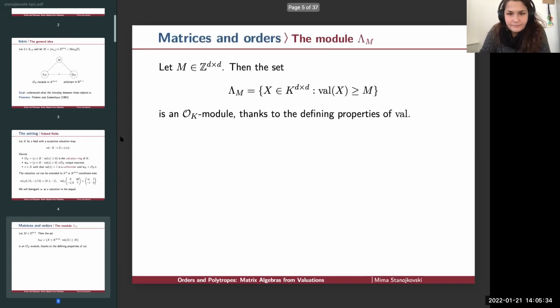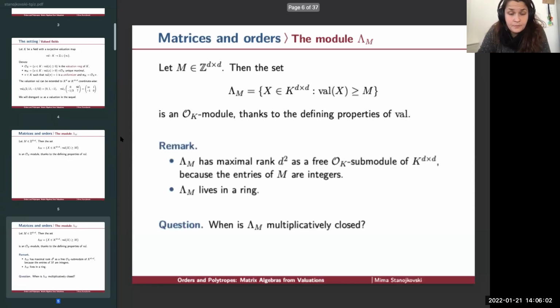Very good. So we go back to our M, and we can define a module from M, which consists of all the matrices with coefficients in K, d times d matrices, whose entries have valuation at least what you see in M. And because of the defining properties of the valuation, this is an O_K module.